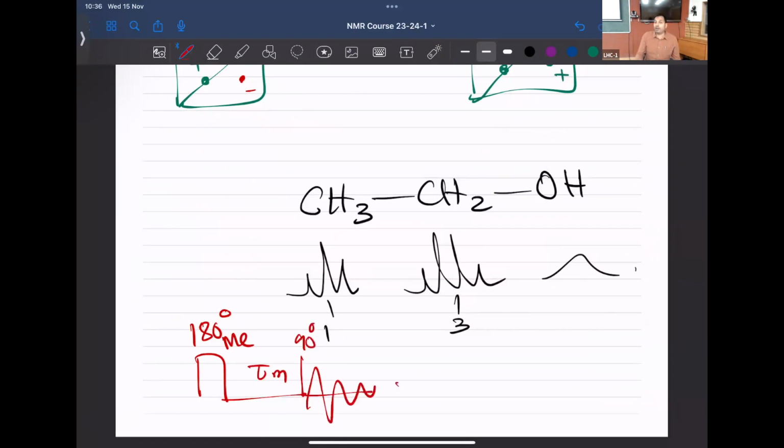When you end up acquiring, in theory, you would have only gotten a negative peak with respect to methyl, correct? Since the methylene group, I'm not drawing the chemical shifts properly. Let me do it properly.